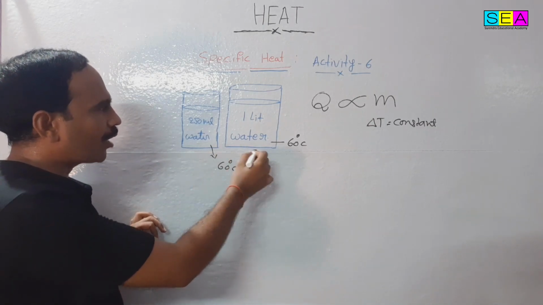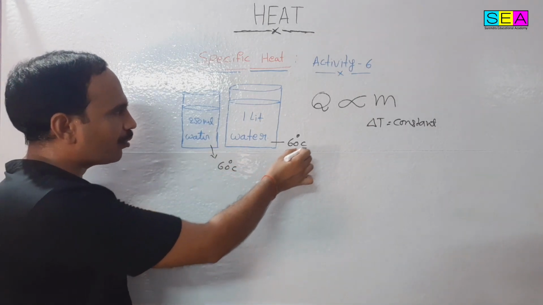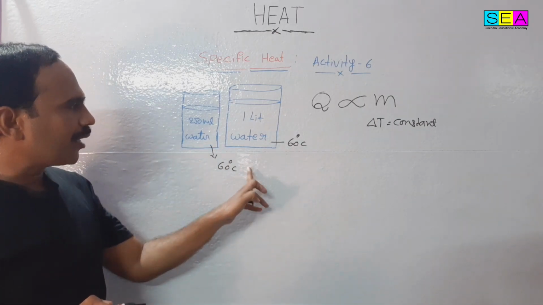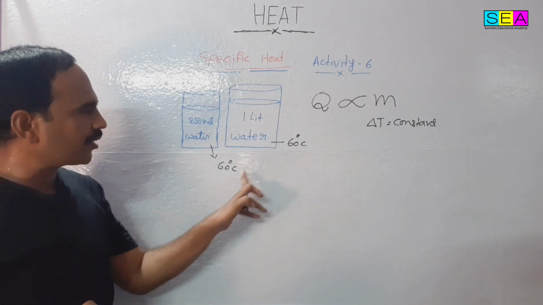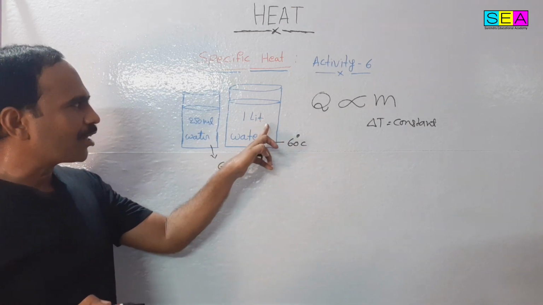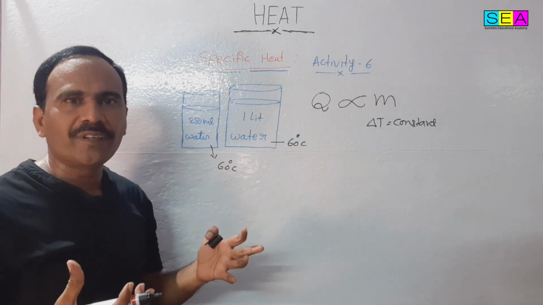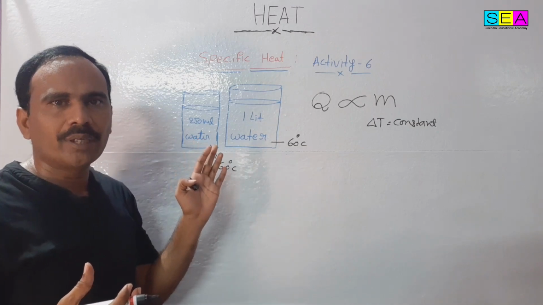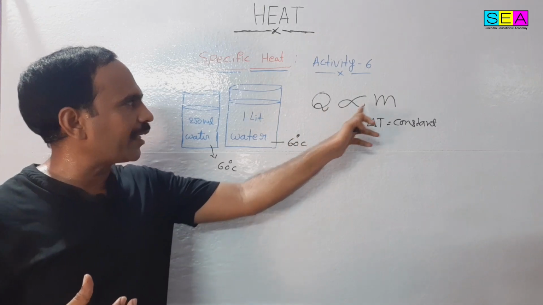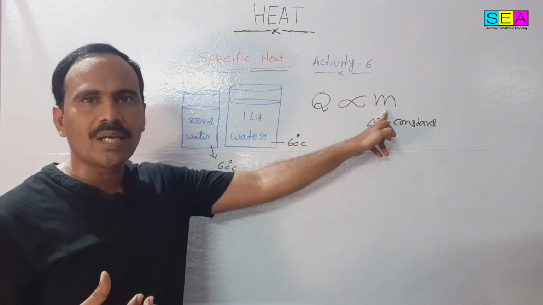The water in both beakers is reaching only 60 degrees. They are reaching the same temperature, the change in the temperature is the same, but the large beaker takes more quantity of heat energy compared to the small beaker. So the quantity of heat energy is directly proportional to the mass of the object.